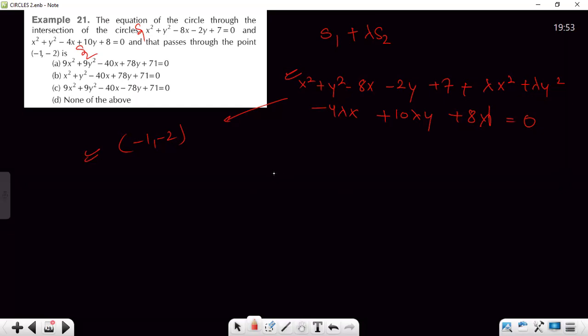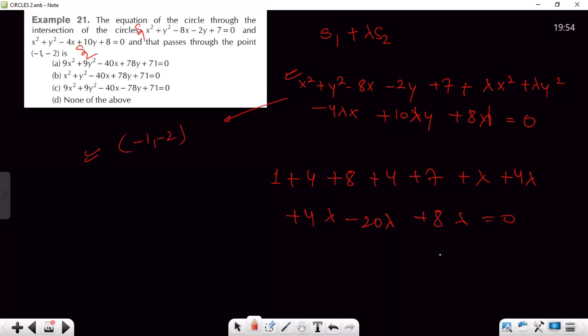Okay, so 1 plus (-2) square is 4, -8 into -1 plus 8, -2 into -2 plus 4 plus 7, plus lambda into x square, which is actually lambda, and lambda into 4 and -4x, basically plus 4 lambda, and plus 10 lambda y. So plus 10 lambda into -2 is minus 20 lambda, plus 8 lambda.